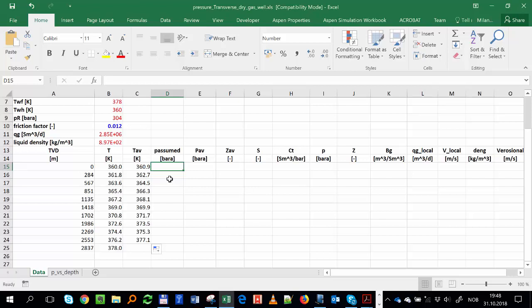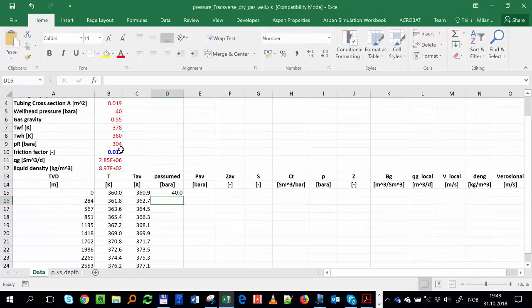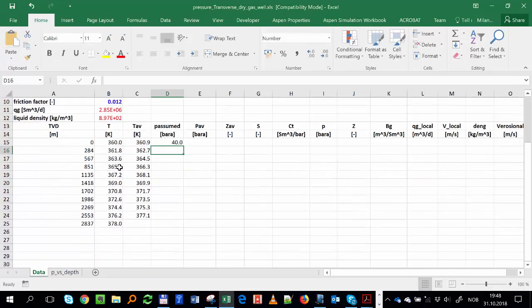So we know the pressure at the wellhead is 40, because it's very close to the separator. And if you remember from our flow equilibrium, the downhole pressure that we found yesterday was 88, right? Something like that.